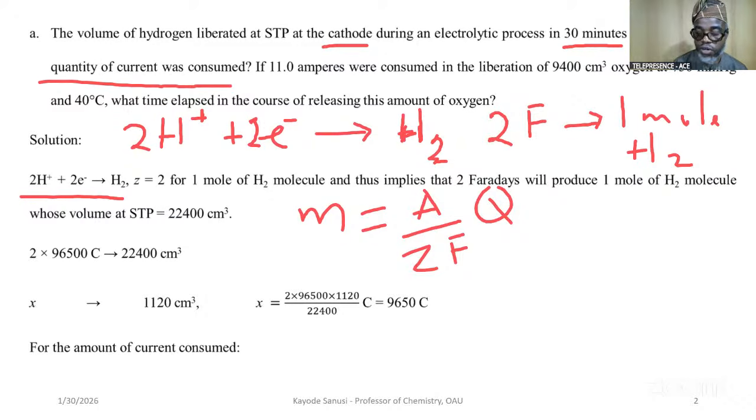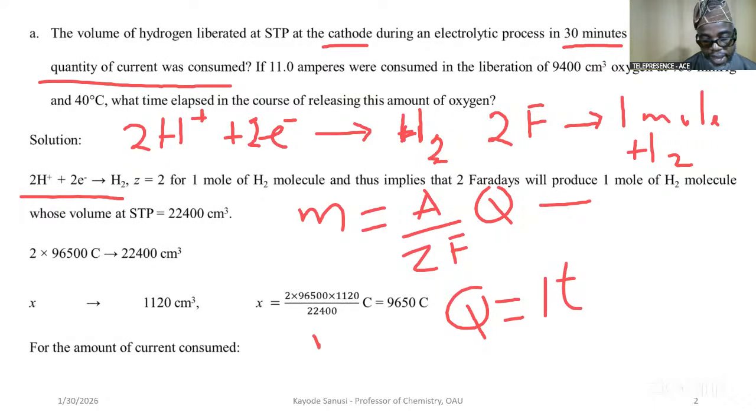We also recall that Q equals IT. The time has been given, so we need to know the quantity of electricity, which we can obtain from this expression.